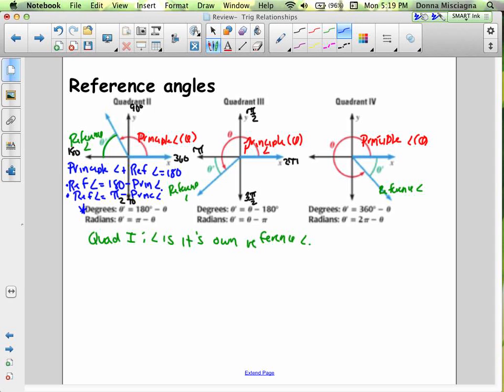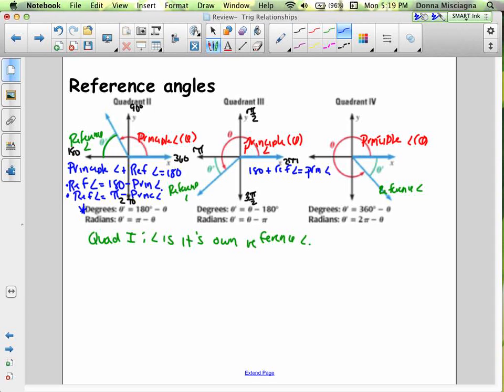If we're in the third quadrant, then 180 plus the reference angle equals the principal angle. The principal angle goes past 180 degrees into the third quadrant.